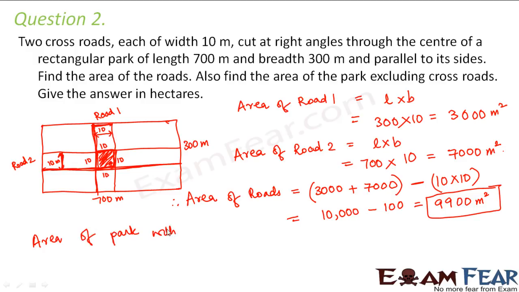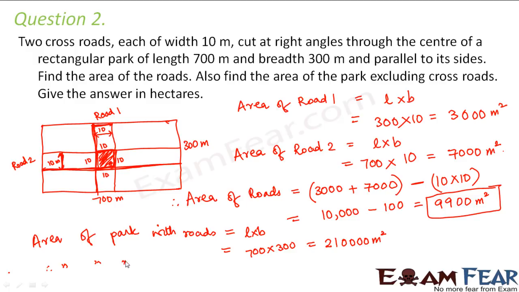So area of park with roads would be length into breadth, that is equal to 700 into 300, that is equal to 210,000 meter square. This is the area including the roads.